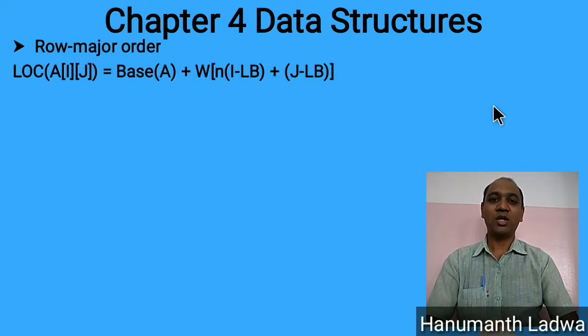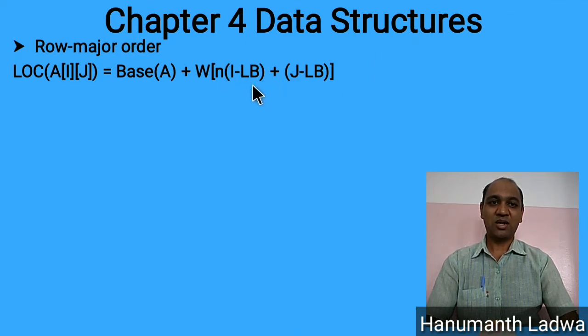Here in order to find the location of each element, we have to use this formula: location of A of ij. Here A represents the array, and i and j represent row and column. Both of these are subscripts, and it is equal to base of array A, which represents the first block address of the array, plus W. Here W represents the number of words per memory location, and inside the square bracket we have n, that is the number of columns.